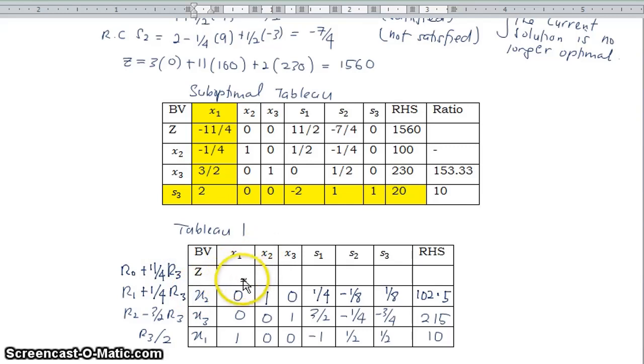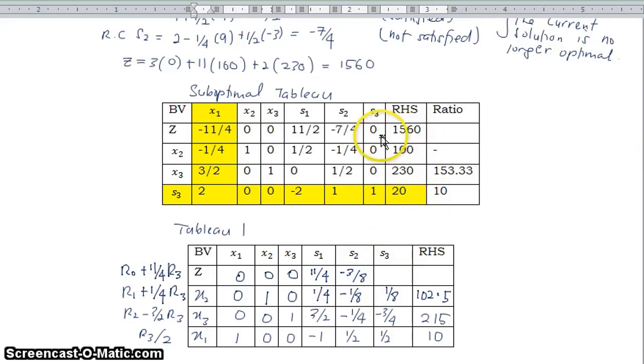Here we get the coefficient of x1 is 0, x2 is 0, x3 also 0, s1 is 11/2 plus 11/4 times -1. Therefore, we get 11/4. For S2, -7/4 plus 11/4 times 1/2. We get -3/8.